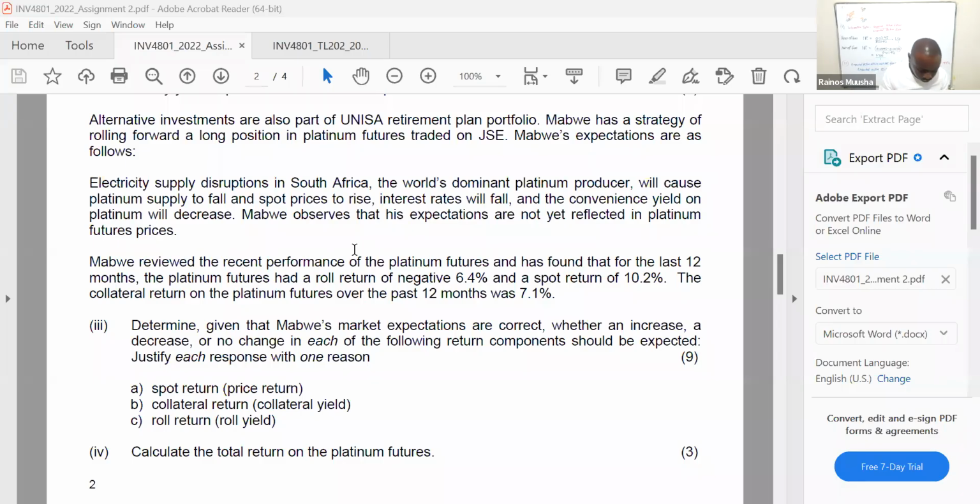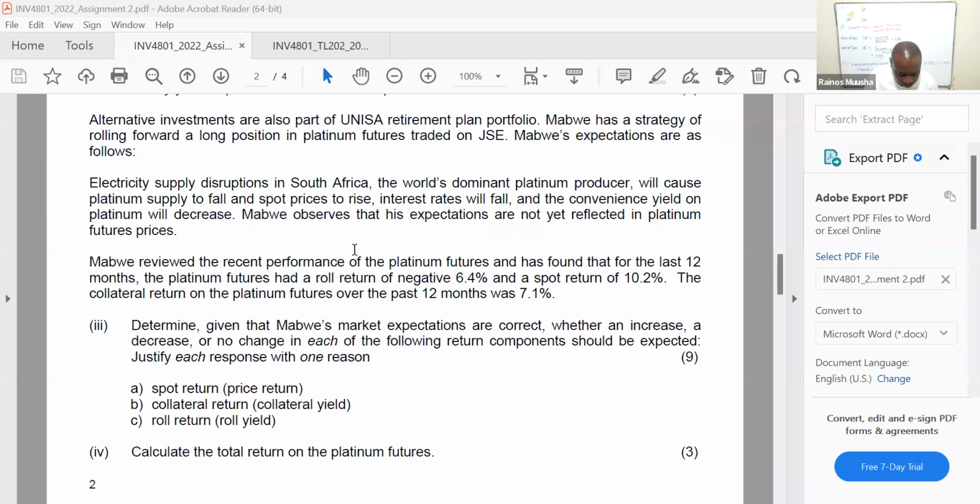So on the next question, which is part 3 of question A, they say alternative investments are also part of the UNISA retirement plan portfolio, and Mabwe has a strategy of rolling forward a long position in platinum futures traded on the JSE. Mabwe's expectations are as follows.